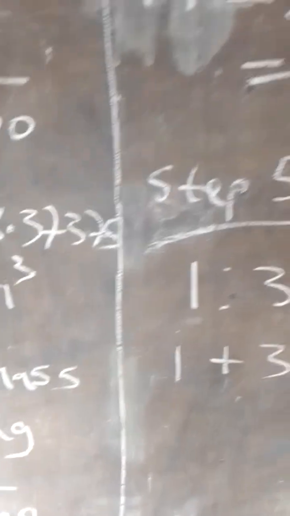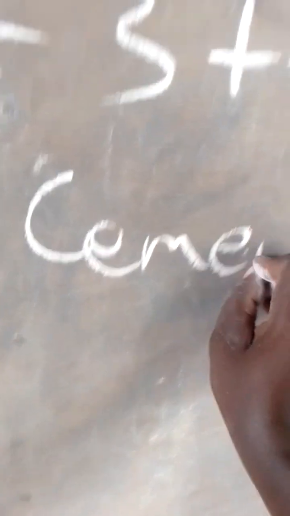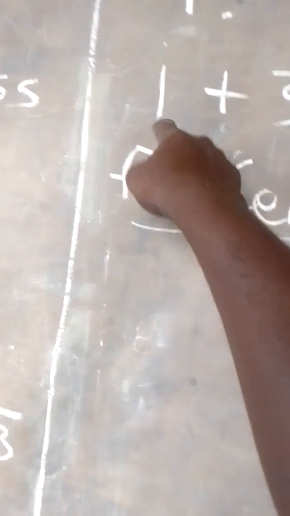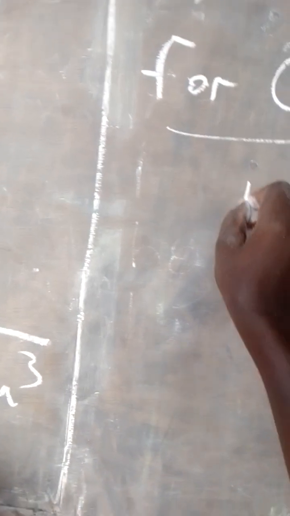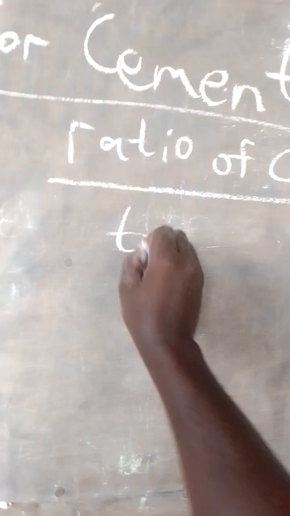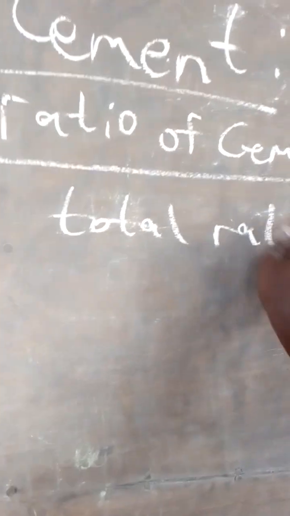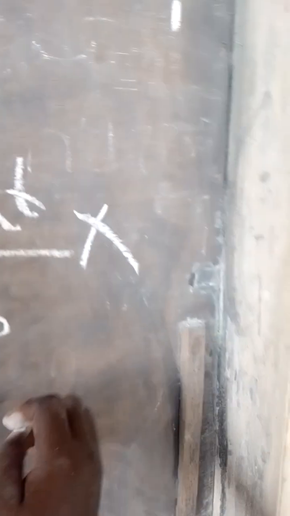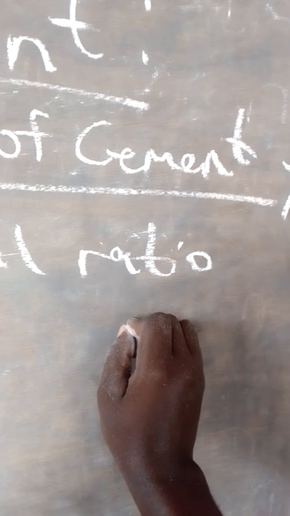Now, we want to go into the real deal. How do we calculate for cement since we have gotten all this ratio? Look at how it's going to be done. The formula is: ratio of cement over the total ratio times the mass of concrete.